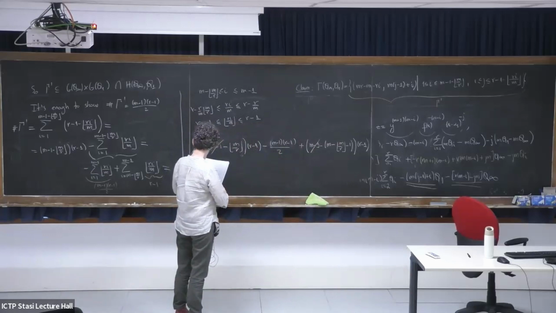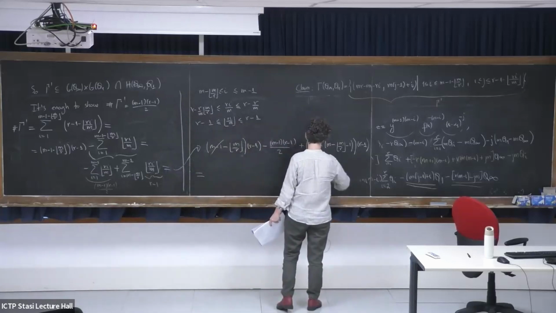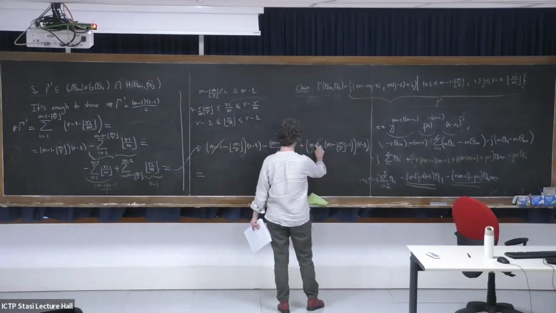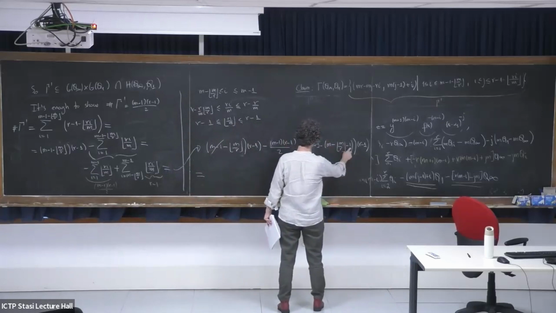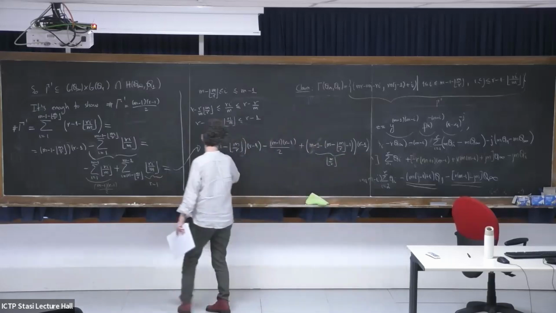Okay, so R^{-1}, M^{-1}. It's better if you just do all this. What is this? This is actually just M^{-1} minus M^{-1}. So actually, this is just this. Yeah, it's better like this.